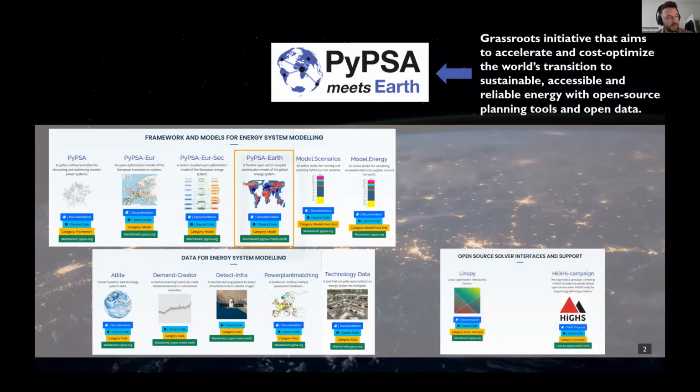All right, then we have two other things ongoing. Tom's team was working here on LinoPy. It's quite exciting. For me, it's one of the most exciting developments in the PyPSA space, because it actually makes Python suitable for large-scale optimization for energy system models.